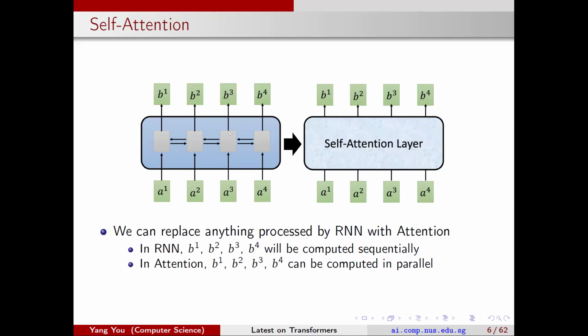The difference here is that we can compute B1, B2, B3, B4 concurrently, in parallel. For an RNN, we compute them one by one. But for self-attention, we compute B1, B2, B3, B4 concurrently, all together. That's the difference between RNN and the transformer in performance.